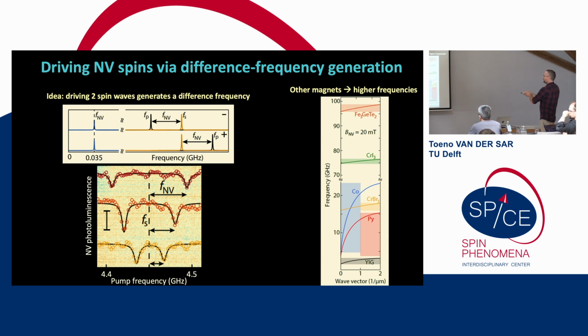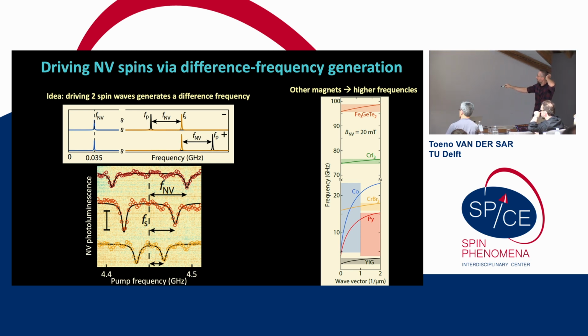And we drive spin waves within the spin wave band at gigahertz frequency that are detuned by 35 megahertz. And then the difference frequency will drive NV center spin rotations. So this is a way that you can probe the spin wave band, even though the spin wave band is much above the NV frequency.